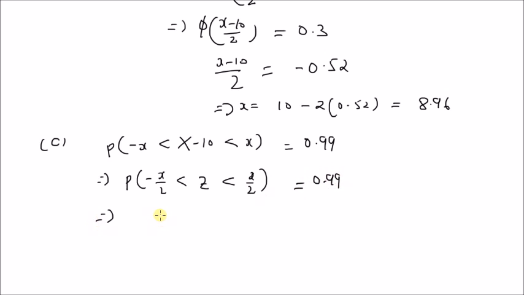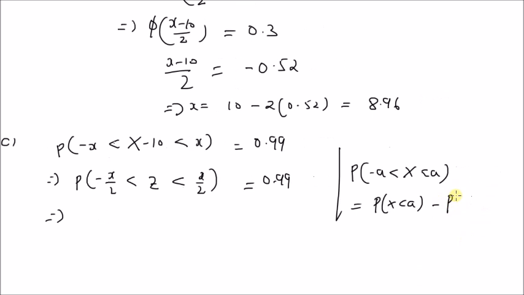For a normal distribution, probability of minus a less than X less than a is equal to probability of X less than a minus probability of X less than minus a. But probability of X less than minus a is equal to 1 minus probability of X less than a.